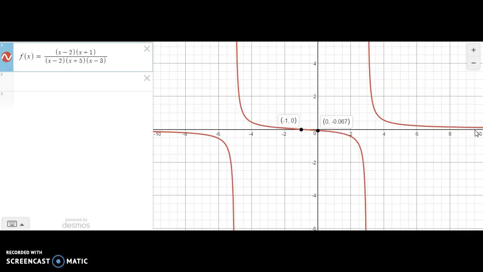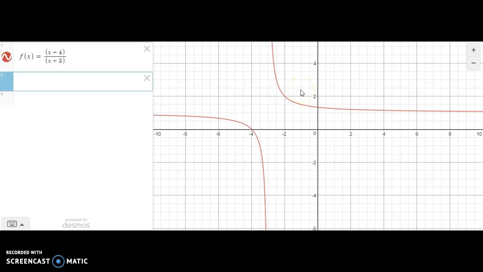And then your end behavior, which is how the function behaves as it approaches infinity. So as x approaches -infinity, y approaches 0, and as x approaches positive infinity, y approaches 0.